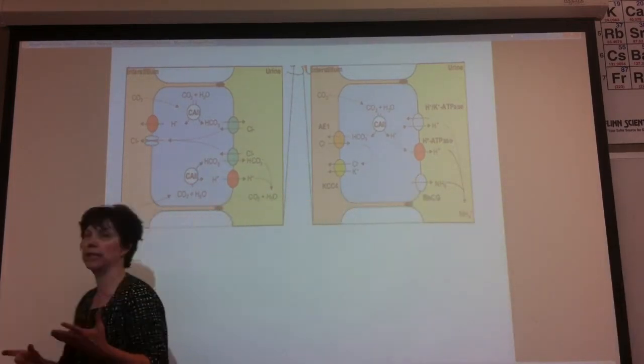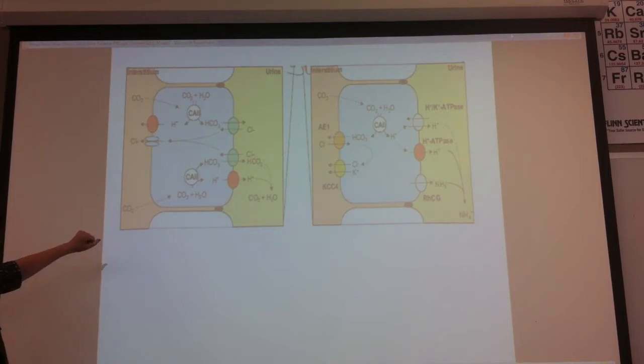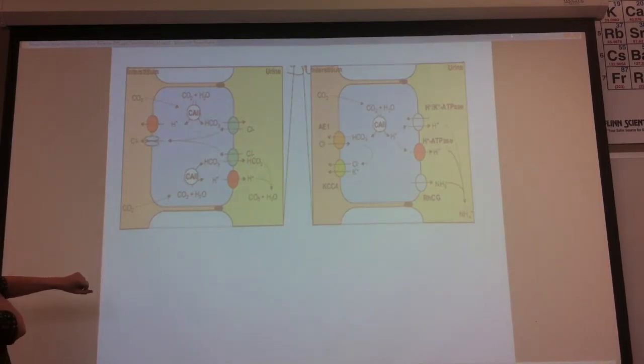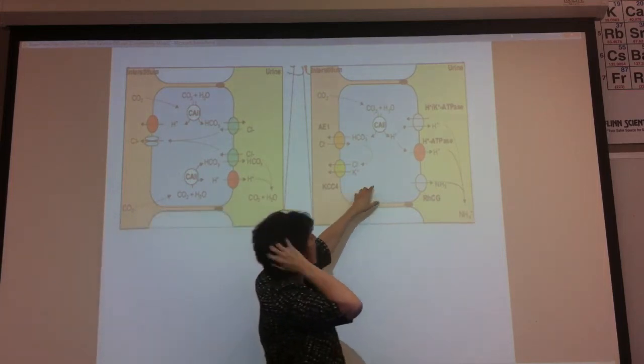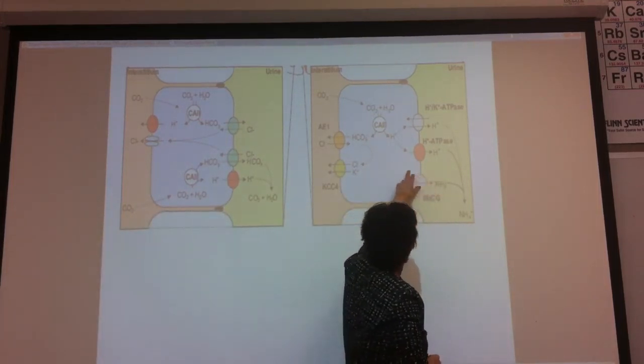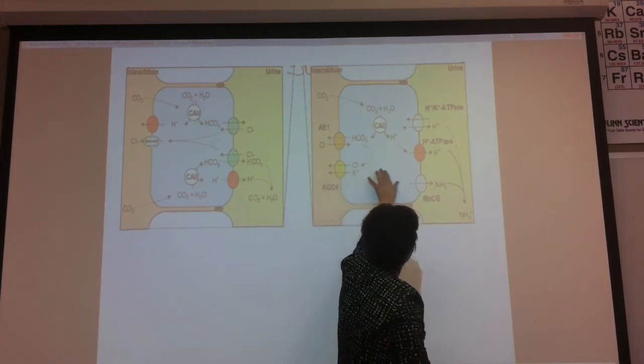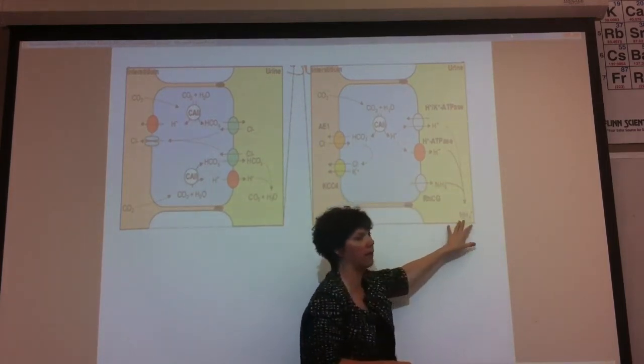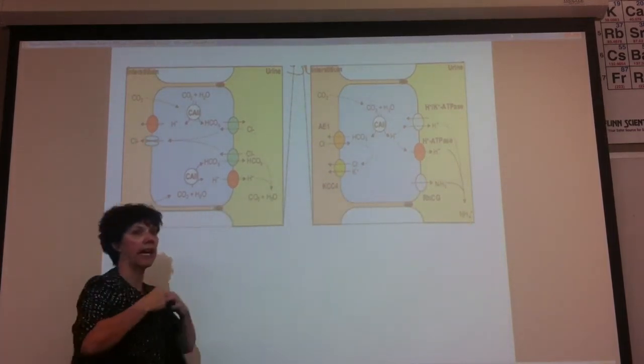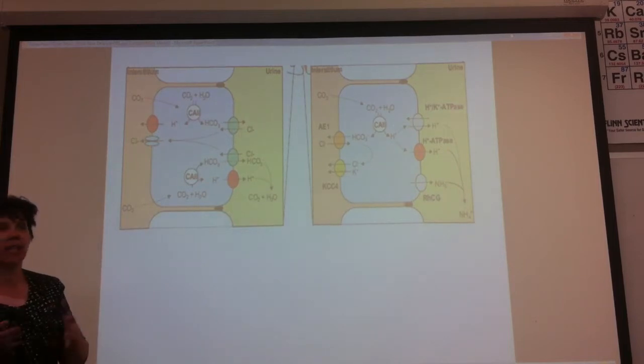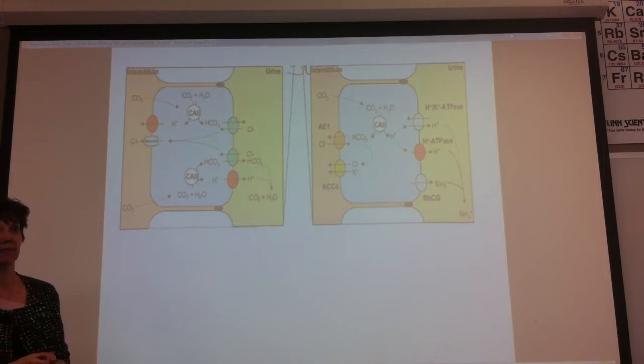It's called urine, but it's really filtrate. We are going to be secreting hydrogen ions into the filtrate and reabsorbing bicarbonate ions. This is what's called the intercalated cell type A. It's intercalated between the principal cells of the collecting duct.